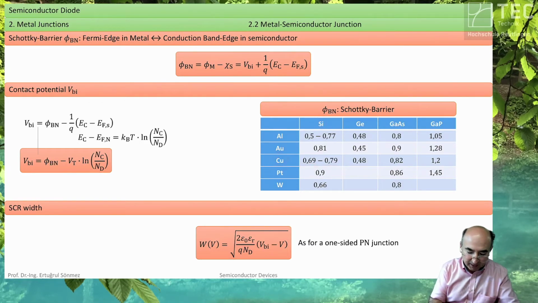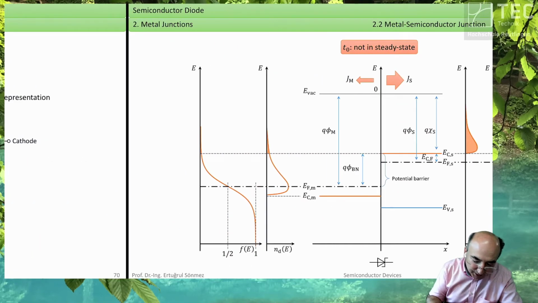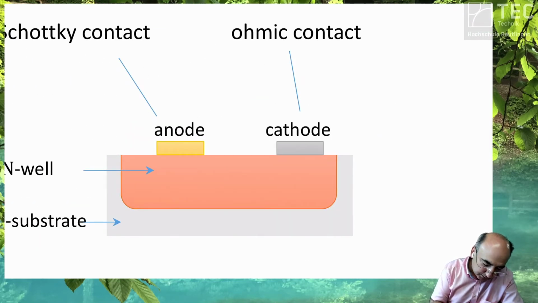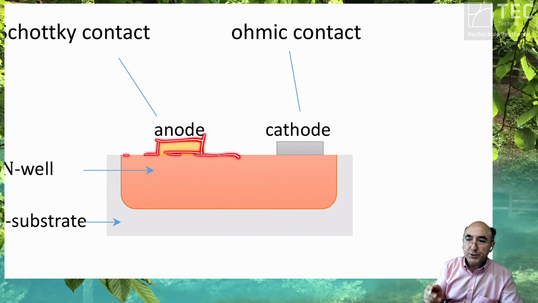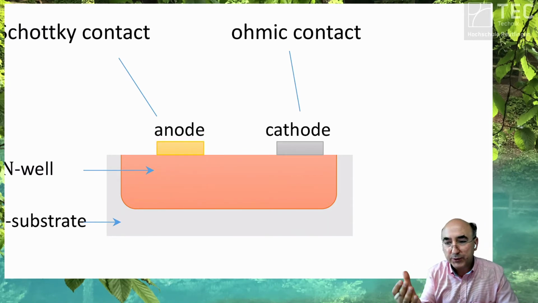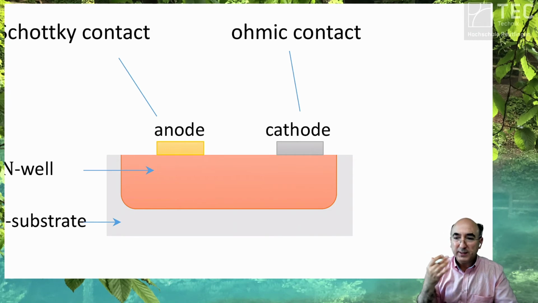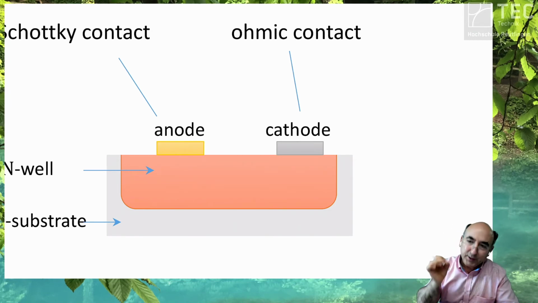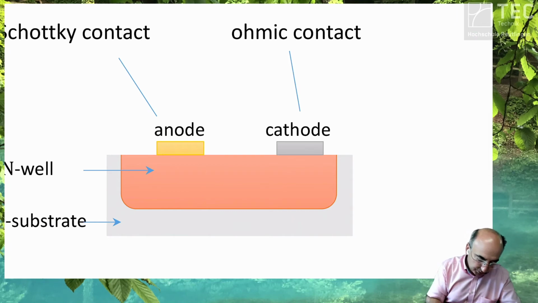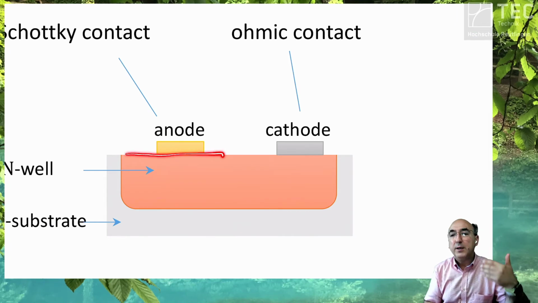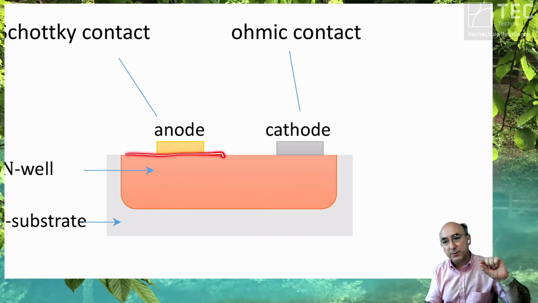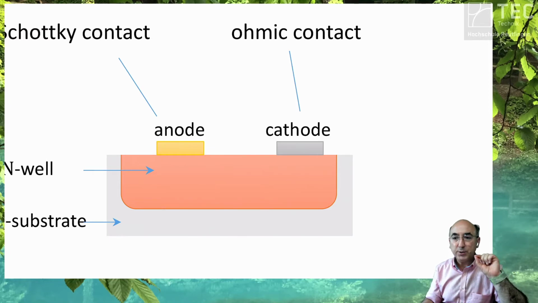But as I said, as you just put the metal on top of a naked surface, where the crystal structure has stopped existing, it is very sensitive how you pre-condition the surface. Therefore, Schottky barrier diode production is very sensitive to everything.